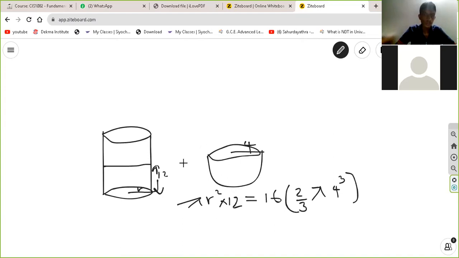Then we have to solve this. First we have to make R squared the subject. R squared equals 32 over 36, where 36 means 12 into 3, times 4 to the power 3.